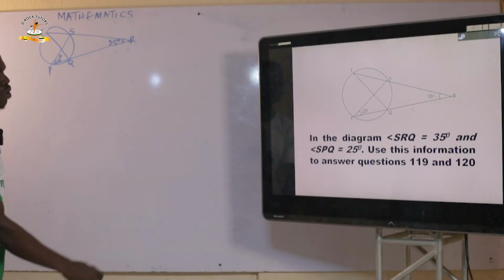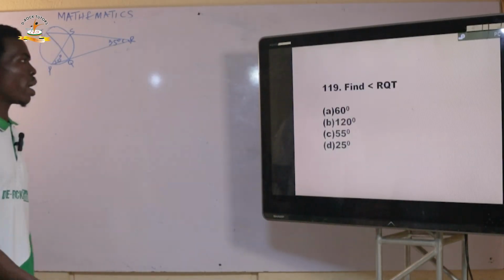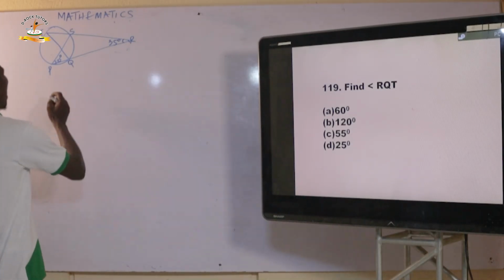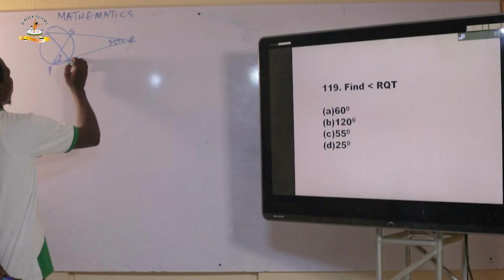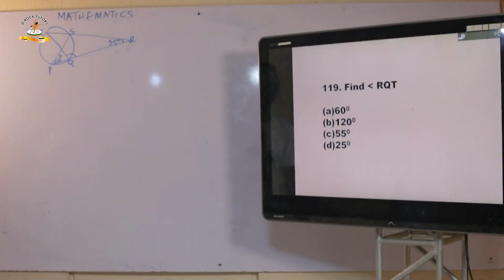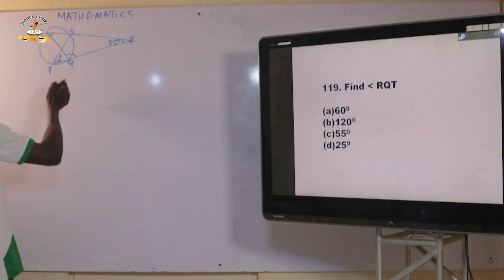We're given these to be 25 degrees and 35 degrees. Question 119 says we should look for angle RQT, this angle here. To find RQT, we need to ask ourselves, what is angle QTS?